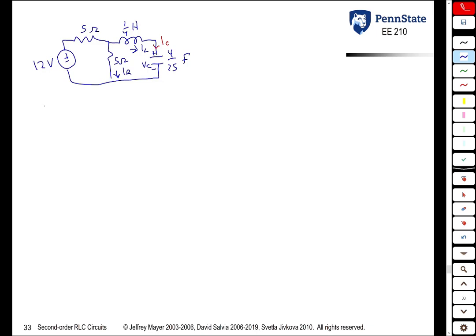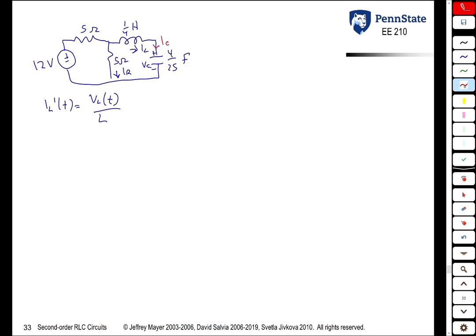So what we need to do now is try to find an expression for IL prime of t. What we know is that IL prime of t is VL of t over L. Why? Because the voltage across the inductor is L times the derivative of the current through the inductor. But let's think about VL of t.